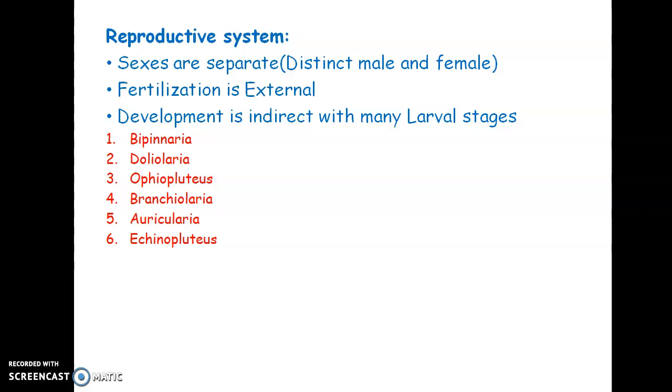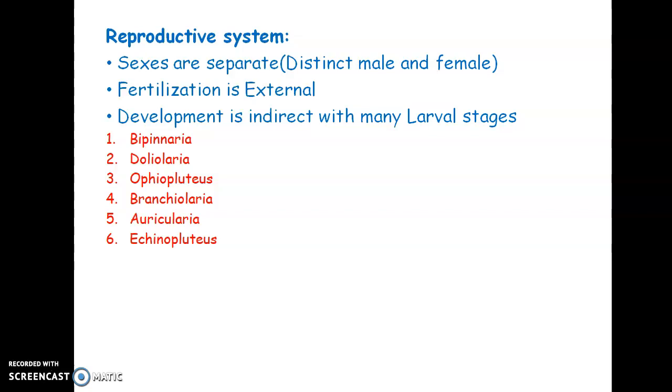And comes the reproductive system. As far as the reproductive system is concerned, their sexes are separate, which means male and female individuals can be seen separately, and fertilization occurs externally, in the seawater, and the development is indirect. Indirect means it involves many larval stages.